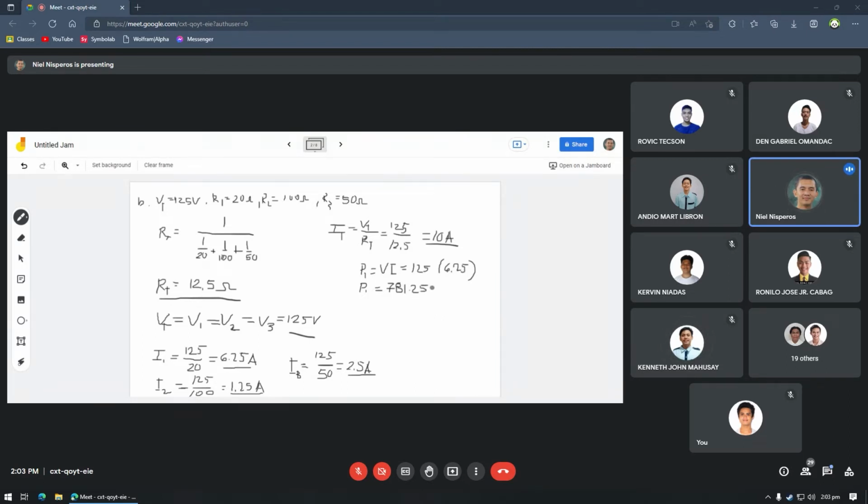So for P2, it is also VI. Voltage 2 is 125 times 1.25, so 156.25 watts.